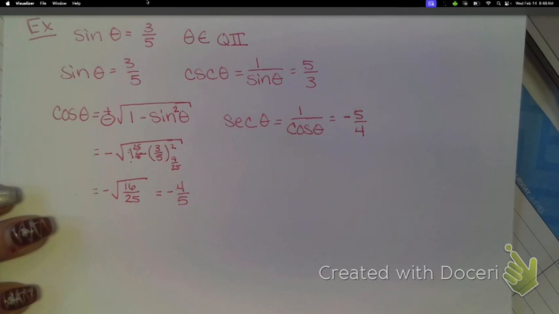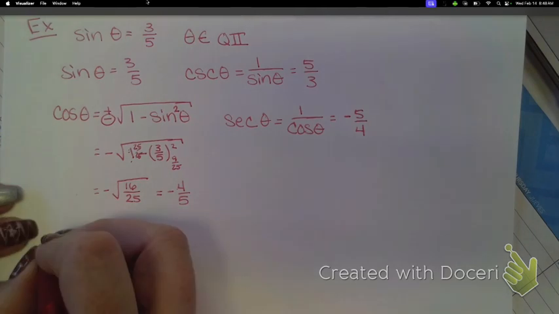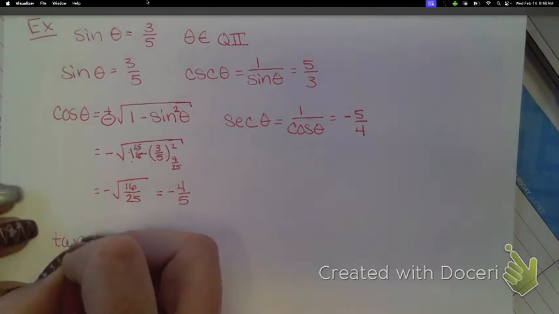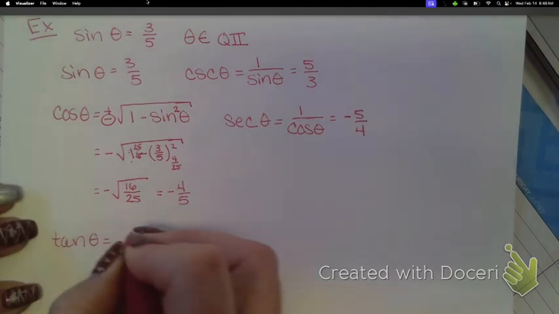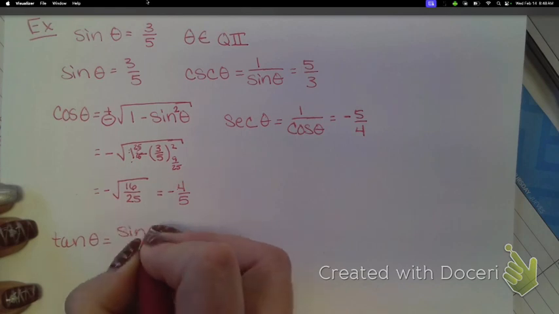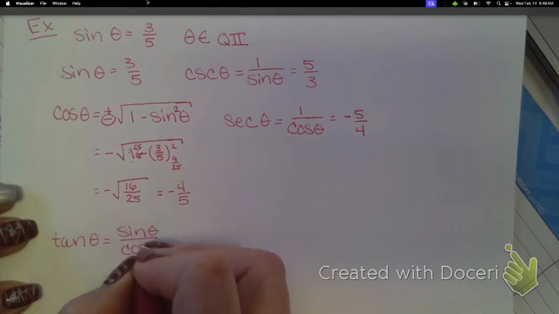How else would we do it? Tangent of theta equals sine of theta over cosine of theta. That's easy. Isn't it easier just to do sine of theta over cosine of theta? I like cotangent as well. So tangent of theta equals sine of theta over cosine of theta.